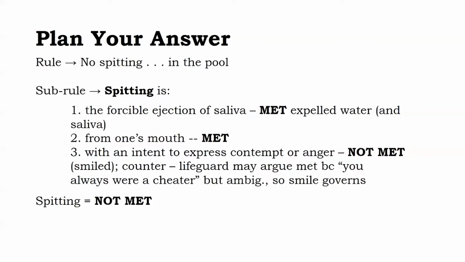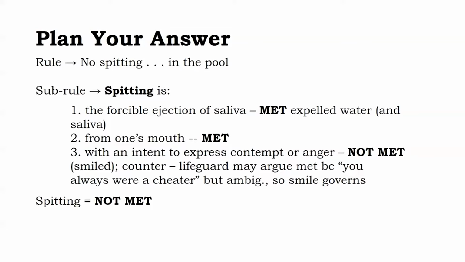So here, for example, we know the first requirement for the subrule is the forcible ejection of saliva. And we find, yep, that's probably met because she expelled water and saliva from her mouth. From her mouth is the second element, and for the same reason we will find that met. And then let's look at the last element, and that really seems to be where the issue is on this question. The really gray area: with an intent to express contempt or anger.